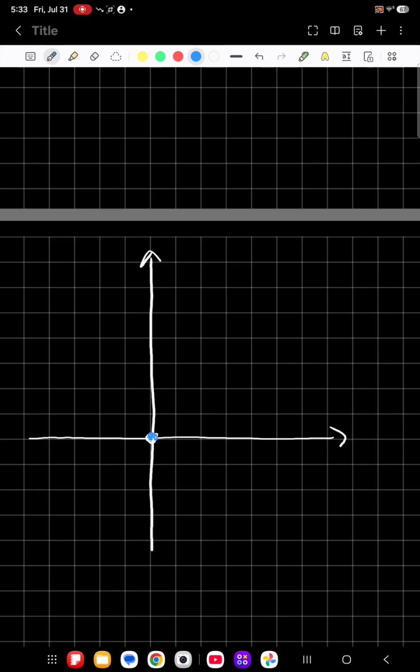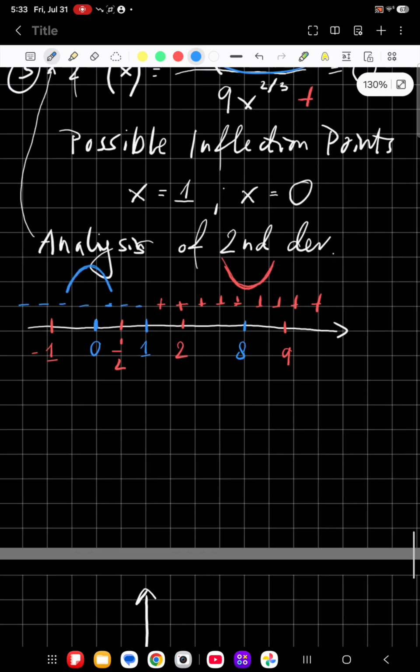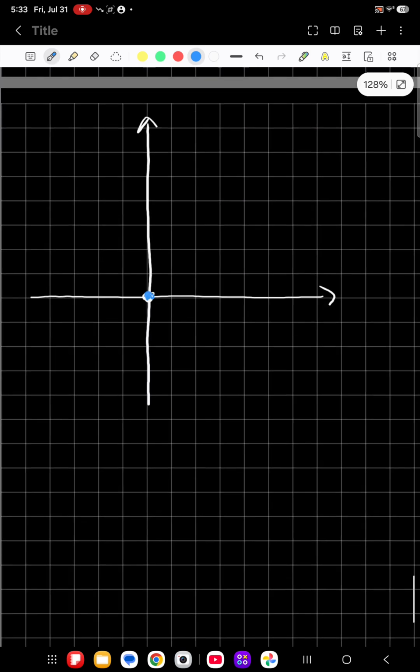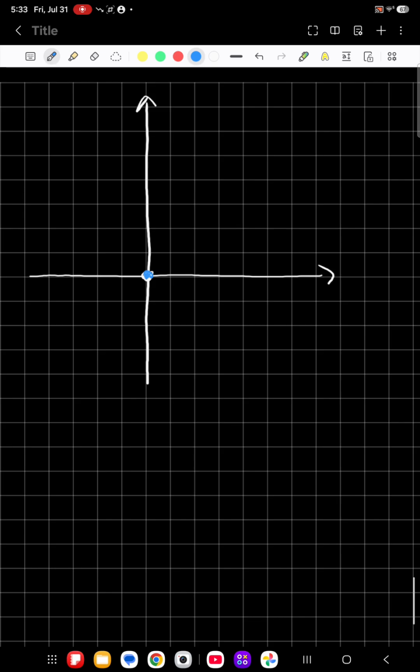Okay, this was local what? Local maximum. Then I had at 8 a local minimum. We had inflection point at 1. Maybe I'll put it, this is 1, so this is 8. Now this is not really to scale or anything.